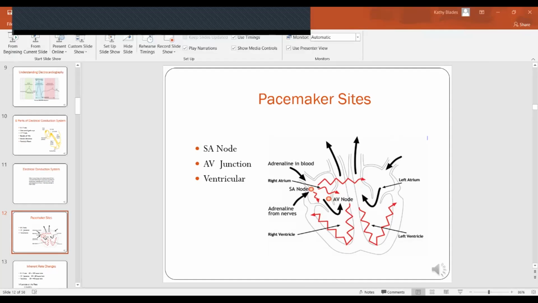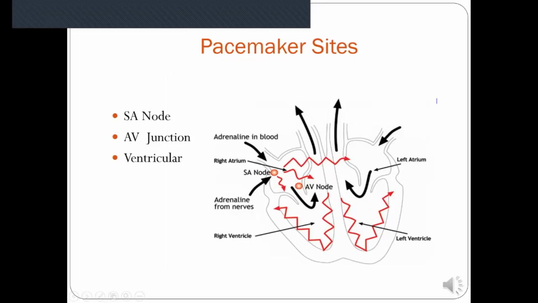The difference is when the SA node is working, it's a regular rhythm, and the heart rate is usually between 60 and 100. An AV junction rate is less than that, which is usually less than 60. And then ventricular is going to be like 20 or 30. So obviously you cannot maintain the heart with that type of rhythm because it's not beating fast enough to pump the blood through the body.